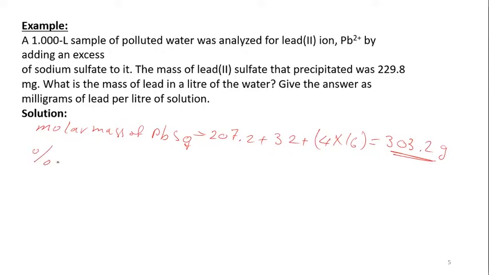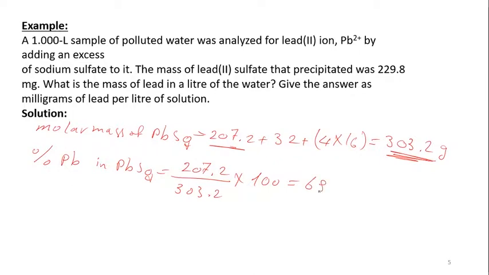So from that I can calculate the percent of the lead in lead sulfate, which would be equal to the atomic mass of lead divided by the total molar mass of lead sulfate, and I multiply by 100 to get the percentage. That would be equal to 68.32%.